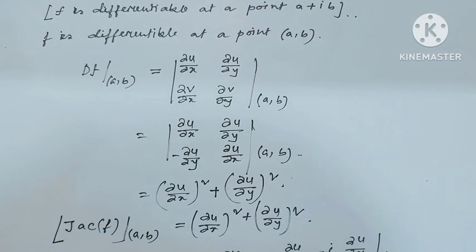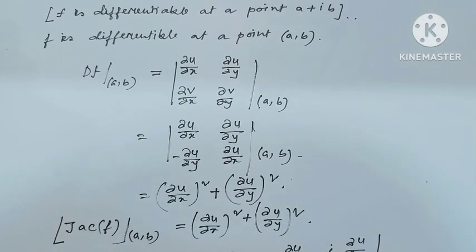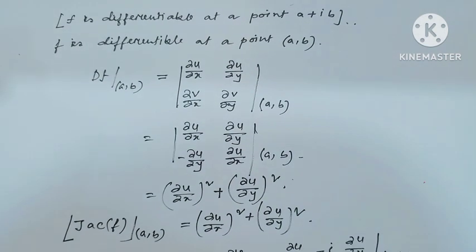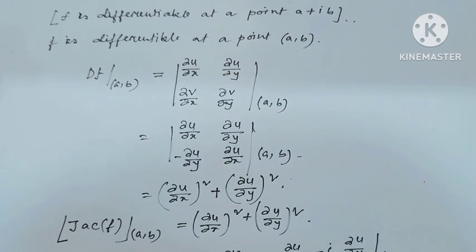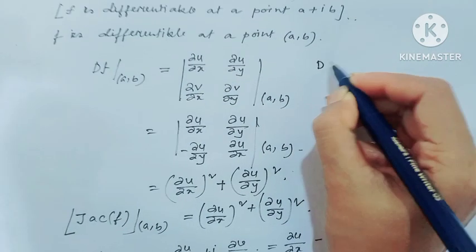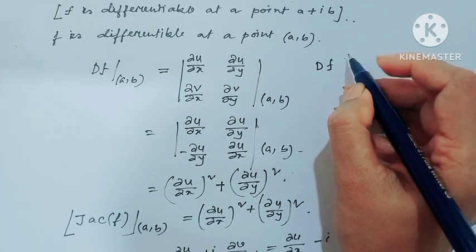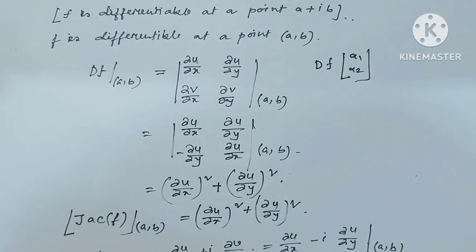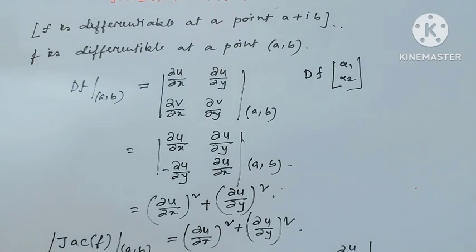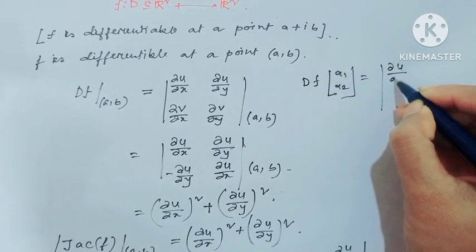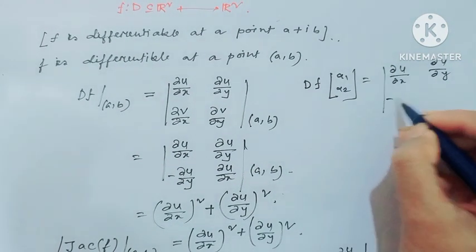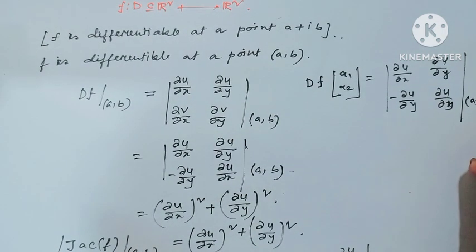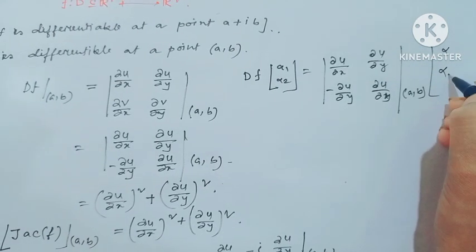df is the linear approximation of a function near the point a + ib, and if you take a small increment of a + ib, alpha 1 + i alpha 2, then df, where the small increment is (alpha 1, alpha 2), is equal to the matrix del u del x, del u del y, minus del u del y, del u del x at the point (a, b) applied to (alpha 1, alpha 2).